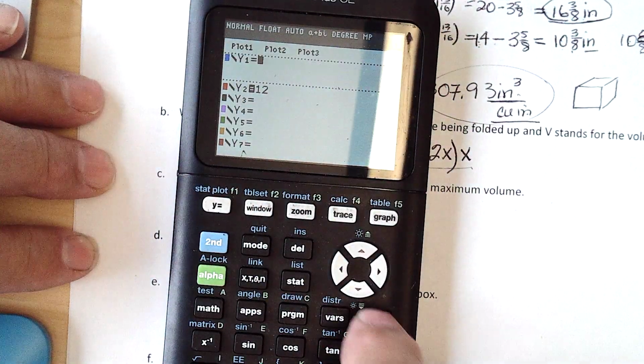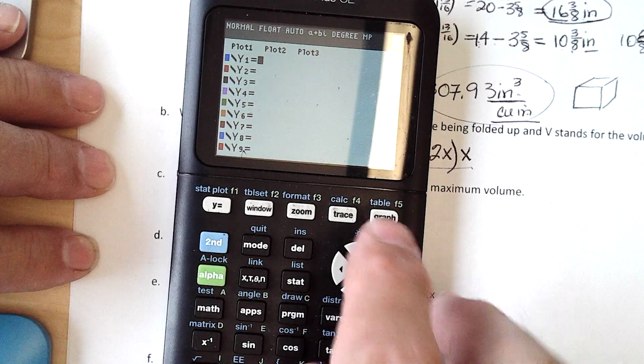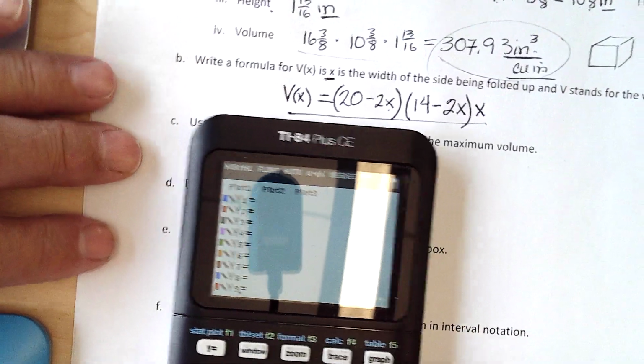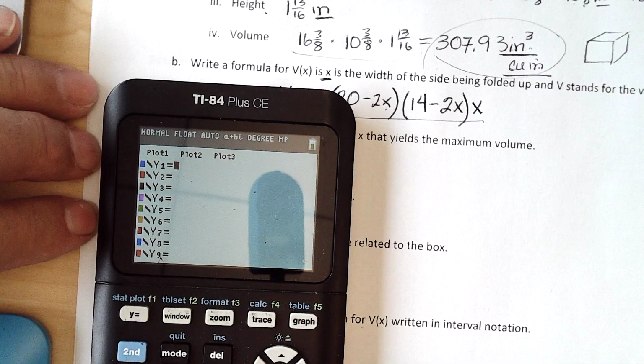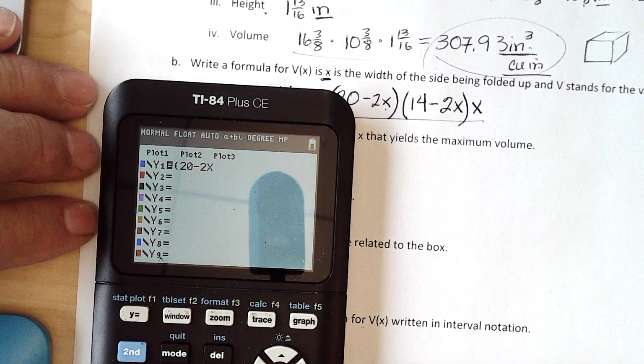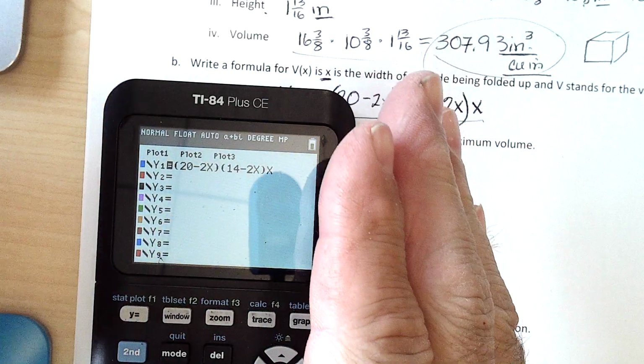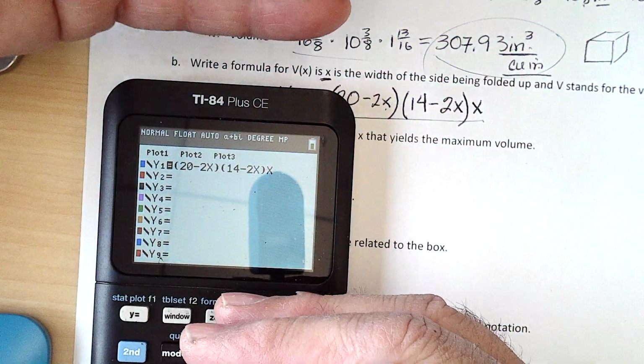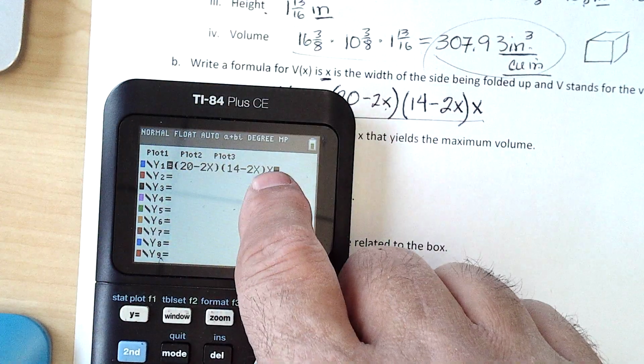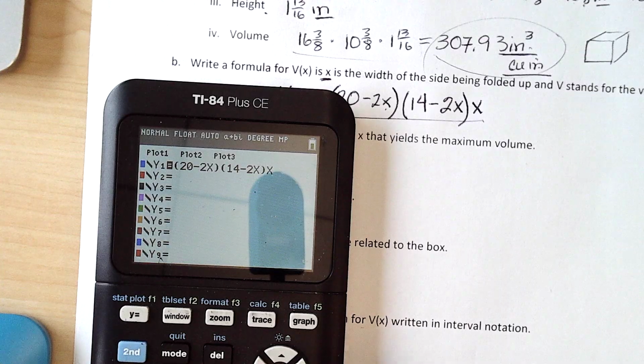So I'm going to clear this, clear that one, and go up here and type in parenthesis 20 minus 2x, close parenthesis, open parenthesis, 14 minus 2x, close parenthesis, and then the height is just x. The length minus x on each side, the width minus x on each side, times the height, which is just x.